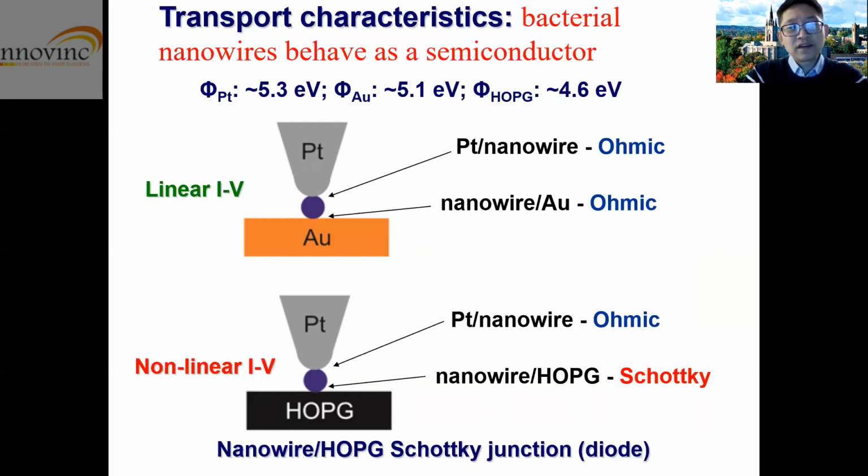The linear IV curve indicates we got an ohmic contact. The nonlinear IV curve indicates there is a Schottky contact. So this already indicates the bacterial nanowire behaves as a semiconductor.